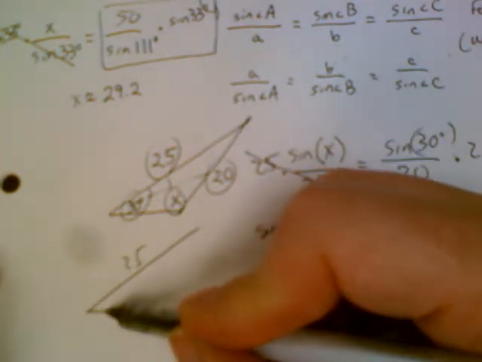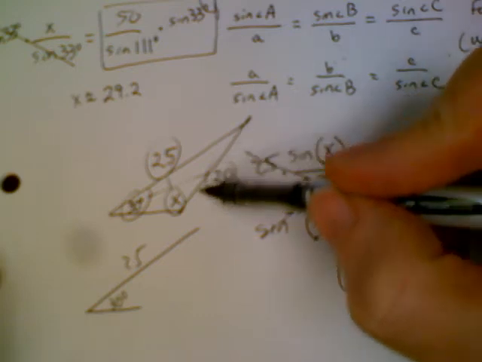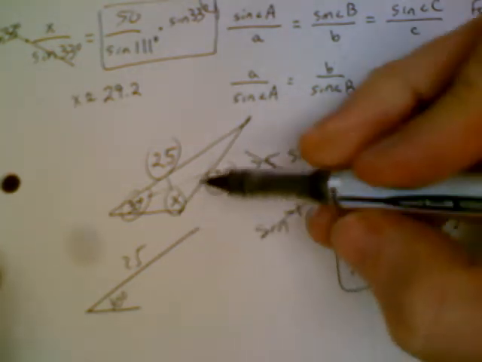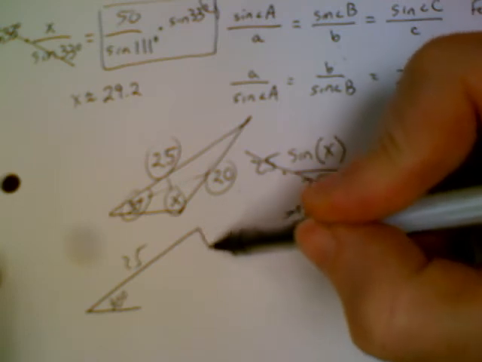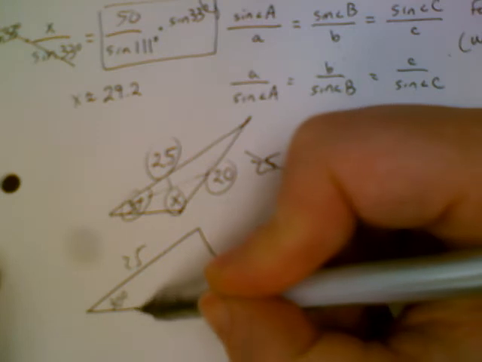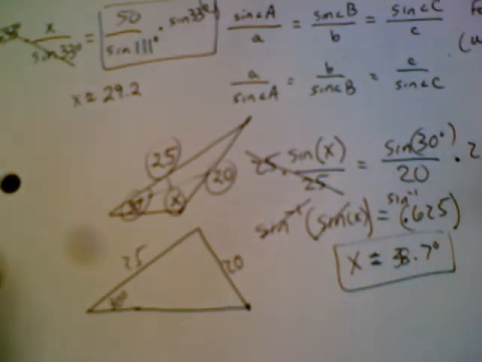Let's create what looks like about a 30-degree angle down there. Now I need a 20 unit length over here on the right side, except I'm going to draw that 20 over here and then extend this 30-degree angle to meet that side.